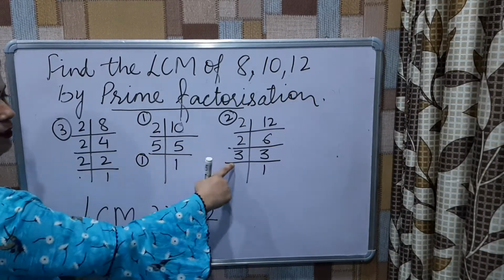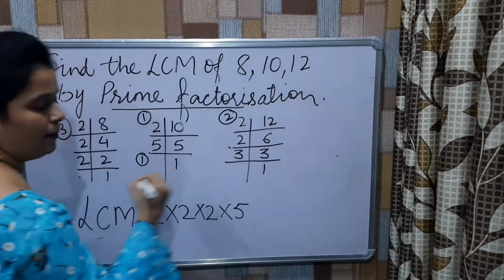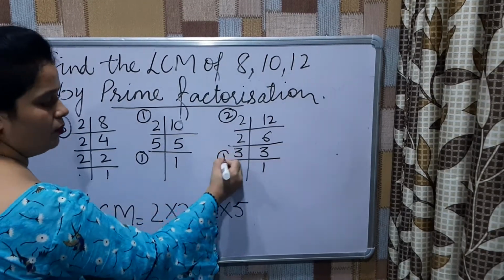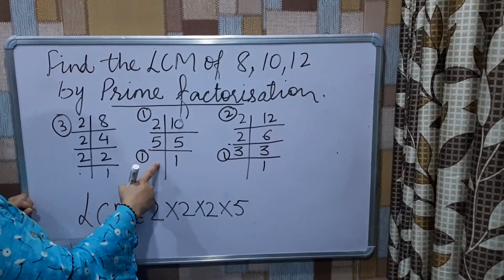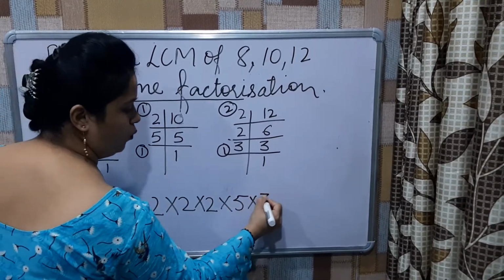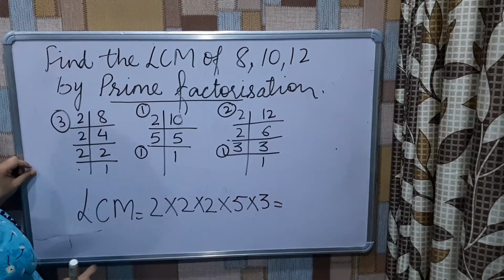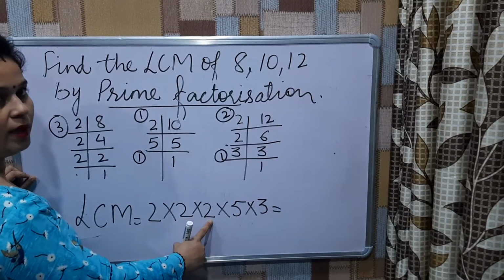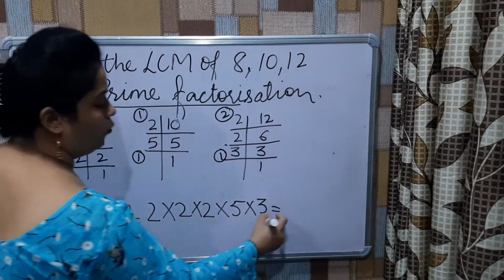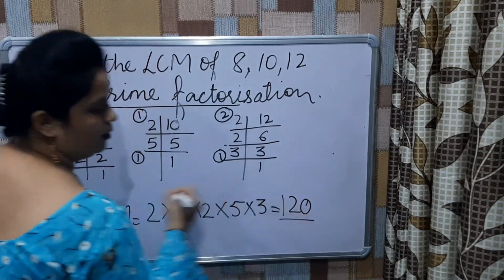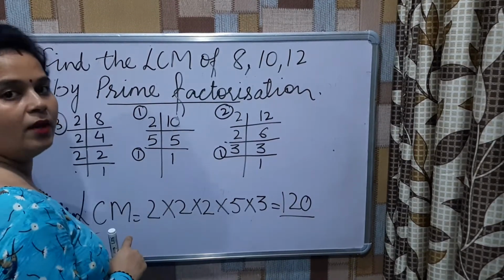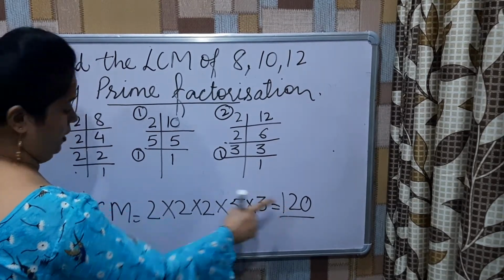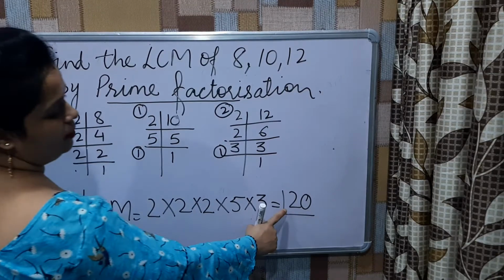I don't have it here, I don't have it here, so I am writing multiplied by 5. Now I am left with only one number, that is 3. It appears 1 time here only, so I am going to write it 1 time only. Now to find out the LCM, multiply all the numbers. 2 2s are 4, 4 2s are 8, 8 5s are 40, 40 3s are 120. Children, if you remember, when I found the LCM by common multiple method, my answer was 120 only. And in this case also my LCM is 120.